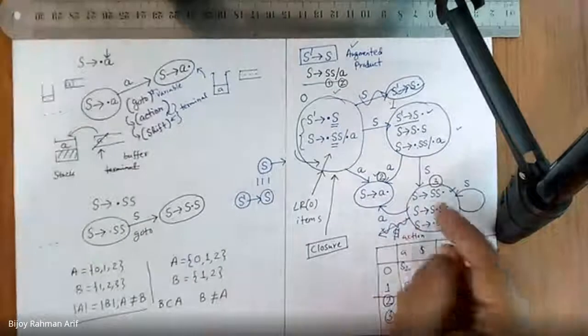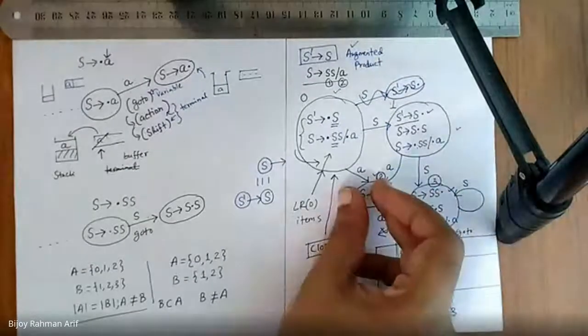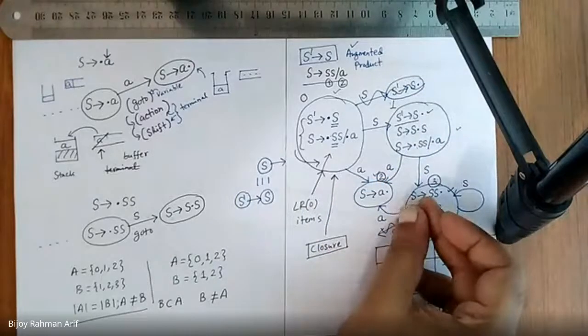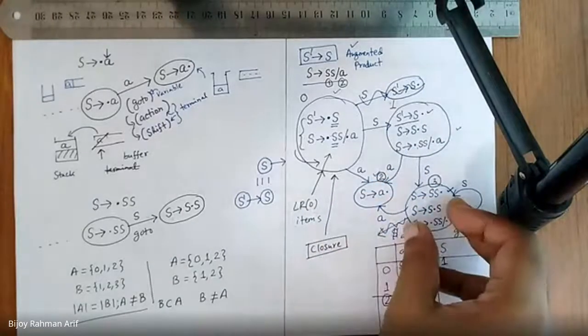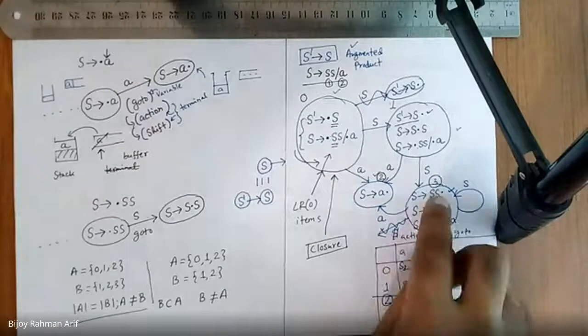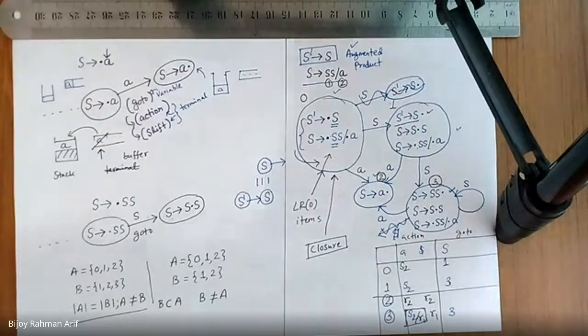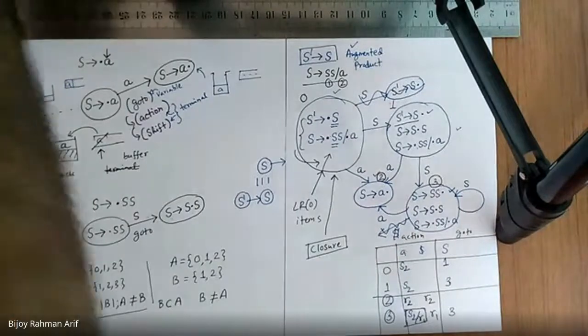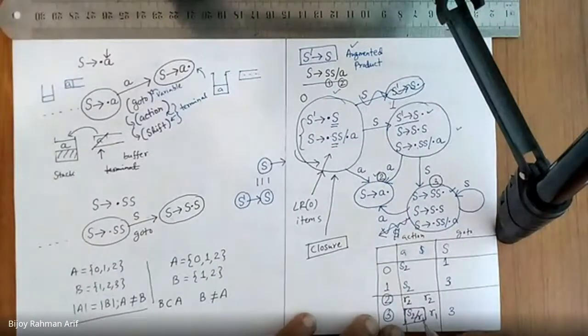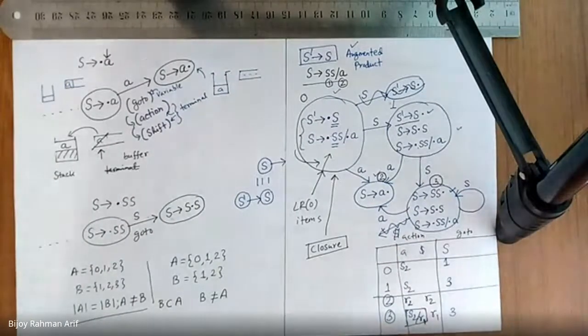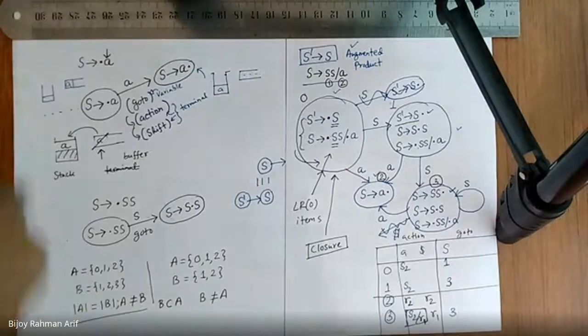You might go from this state to this state, pushing A, or you can reduce double S to S. So which one are you going to do? Are you going to reduce using rule number 1, or are you going to shift? Tell me.